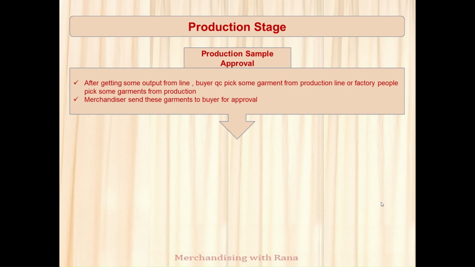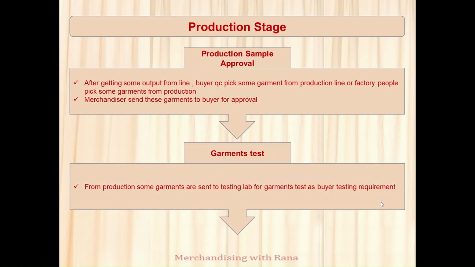If it is correct, then they will put a tag there, and it will be called a gold seal or similar sample. Different buyers call it by different names, but there will be one tag. Garments test. From production, some garments should be sent to the testing lab, and the testing lab will make this test as per the buyer's specific testing requirement.